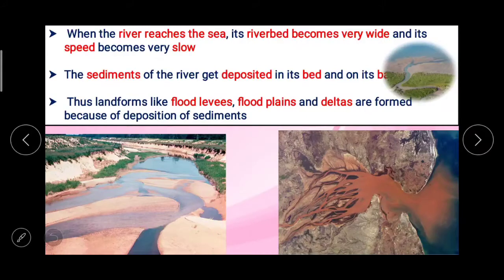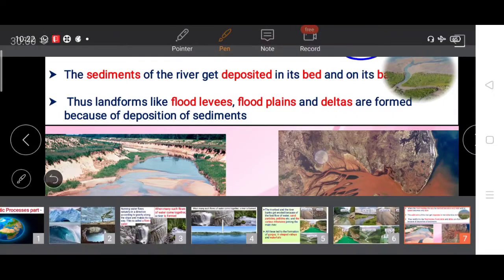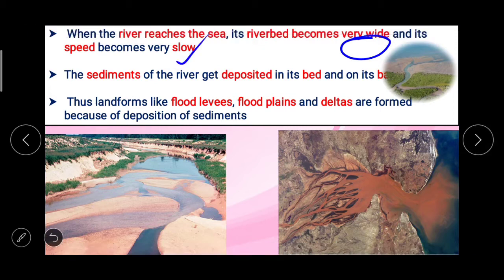When the river reaches the sea, its riverbed becomes very wide and its speed becomes very slow.